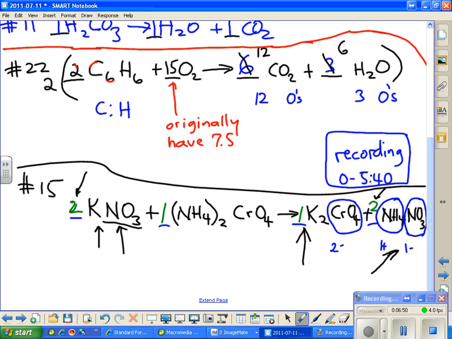And then we see the ammonia here was 2 because of that subscript, and when we come over here, this ammonia, there was only 1, and the coefficient that we put here to balance the nitrate also balanced our ammonia. Very, very nice. And then the chromate right here, the chromate on the right, there was only 1, and there's 1 on the left, so the 1 in front of the potassium chromate works just great. And that's the balancing of that guy.